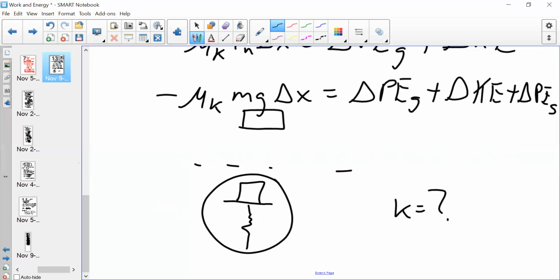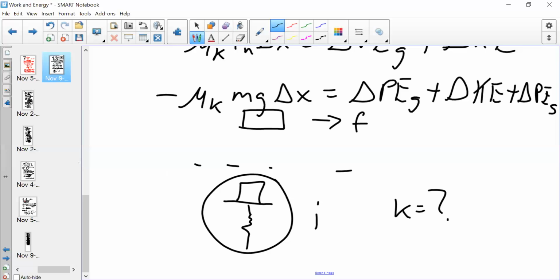So this was the initial, and then this guy was in the air, so this will be final. In the final case, remember, at the top, the maximum height that it achieves, there is no kinetic energy because the speed is zero, but it has a final height. And therefore, we could figure out what the spring constant is.